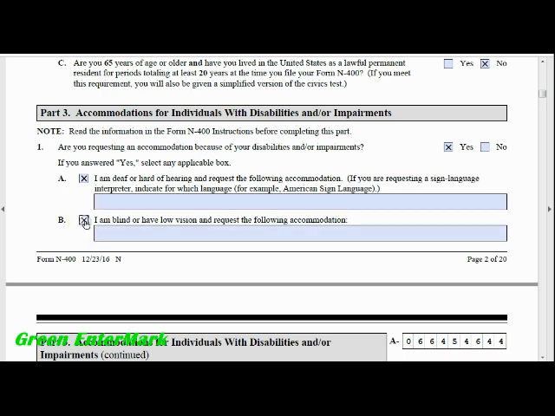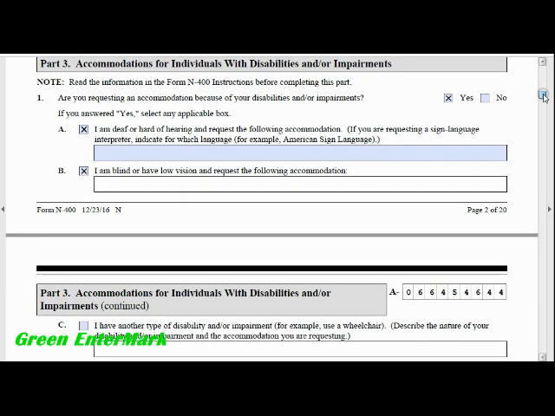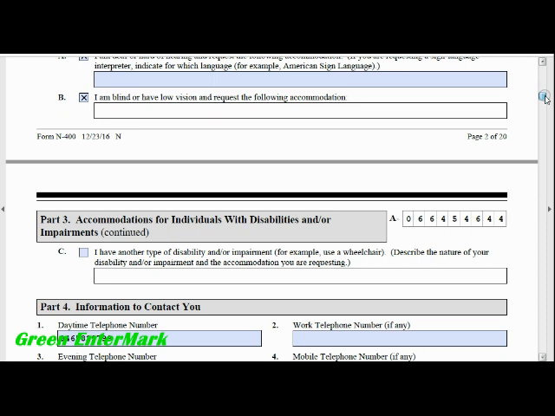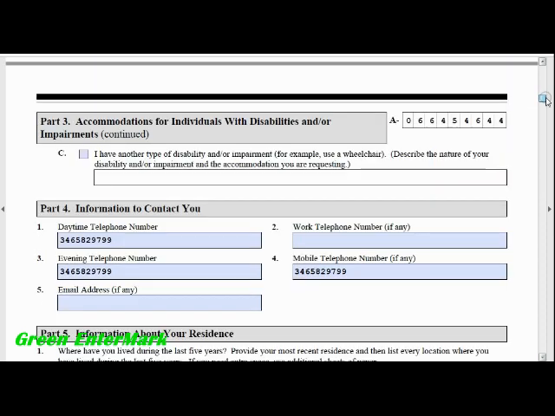If you are blind or have low vision, you have to request for a person who can read it for you. On page 3, Part 3 continues, in option C, I have another type of disability or impairment, for example, I use a wheelchair or have another disability. You have to mention the help you want from USCIS here.